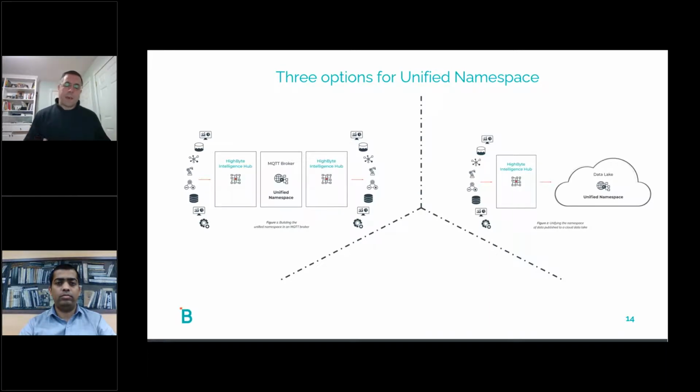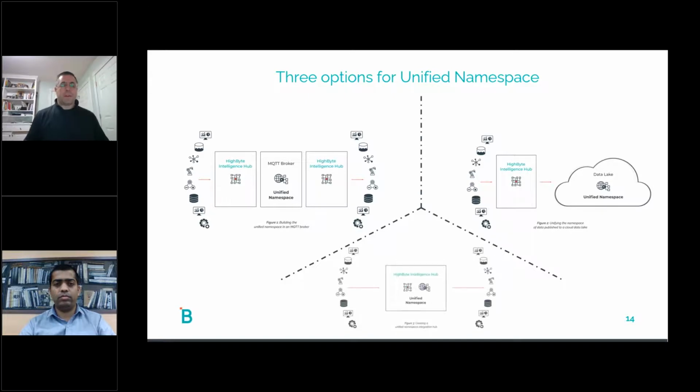In which case, HighByte can still be that data governance layer in the gateway into the data lake, so that when it's in the data lake, you now have a highly structured unified namespace of data, and you don't have what sometimes is referred to as a data swamp, because everyone has put data in and no one knows how to find the data that they need.